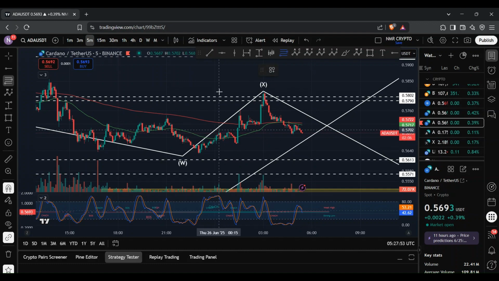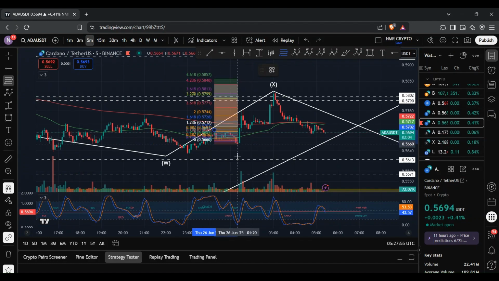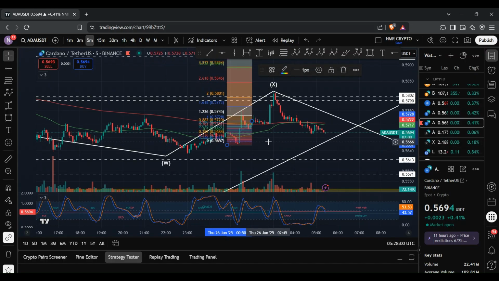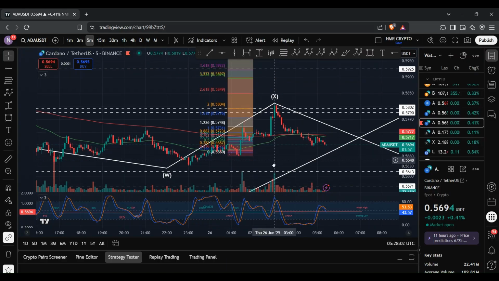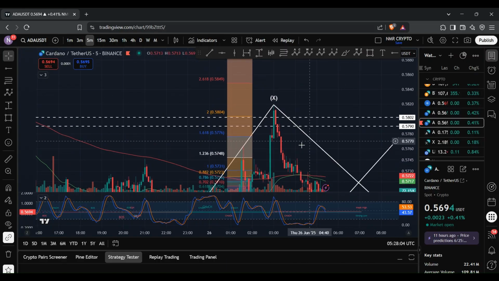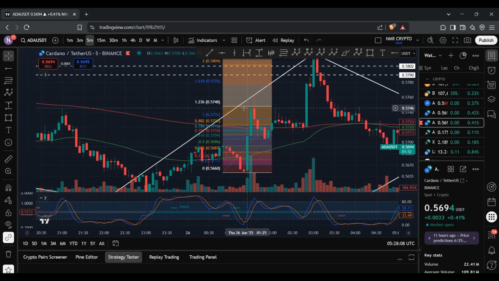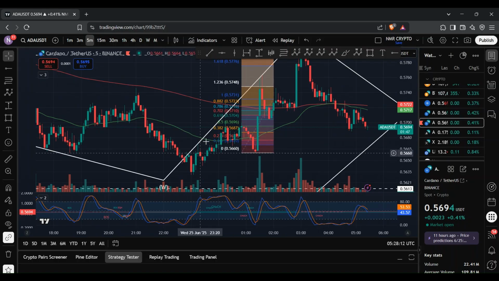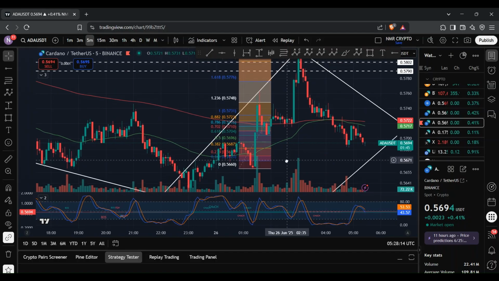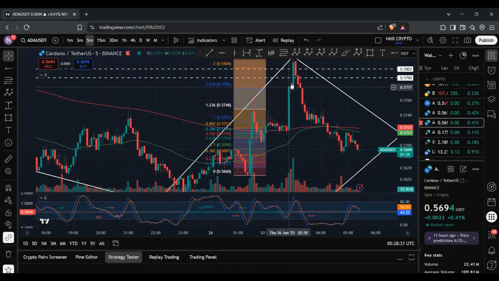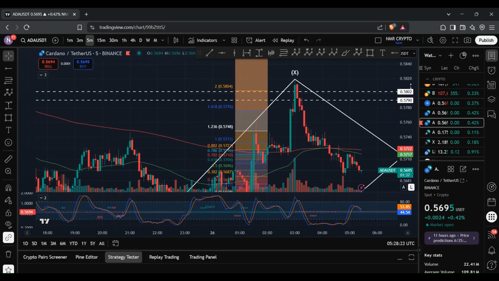So if I bring in the Fib tool, here you can see that we actually extended beyond the 1.226 retracement level. So essentially what ended up playing out was a WXY structure. And that would then complete the W wave, and then we had that short retracement to the downside to complete the X wave, followed by a final push to the upside to complete the Y wave.